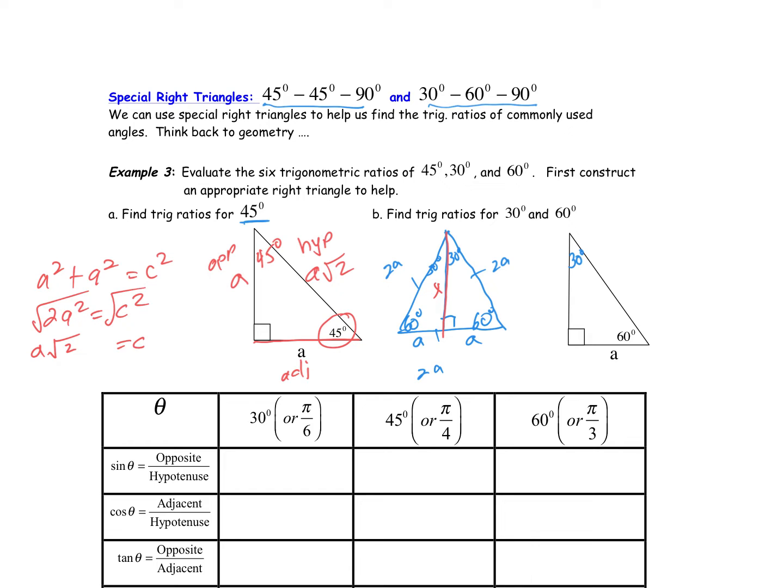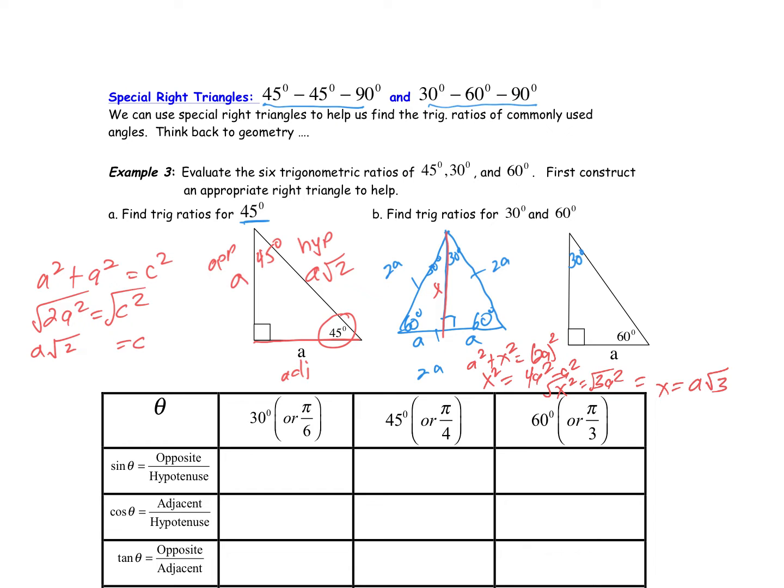So we would have that A squared plus X squared is equal to the length of the hypotenuse squared, which is 2A squared. We want to solve for X. So X squared is equal to 4A squared minus A squared, so X squared is equal to 3A squared. Take the square root of both sides, and so X is equal to A rad 3.